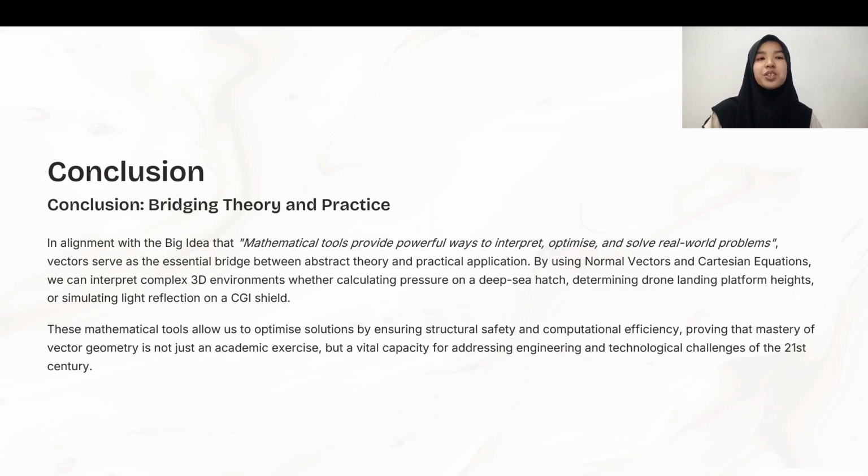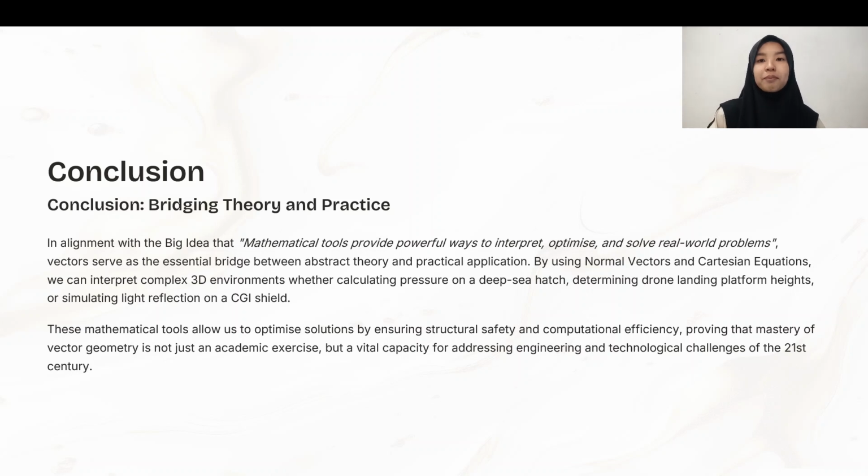These mathematical tools allow us to optimize solutions by ensuring structural safety and computational efficiency, proving that mastery of vector geometry is not just an academic exercise, but a vital capacity for addressing engineering and technological challenges of the 21st century.